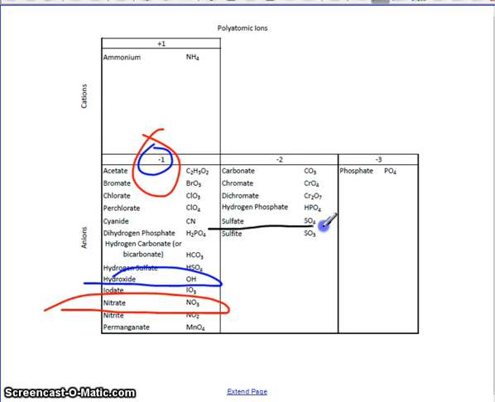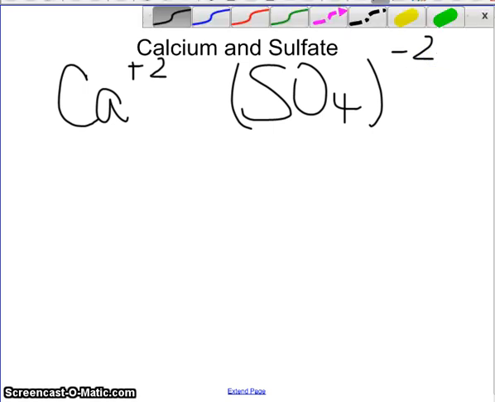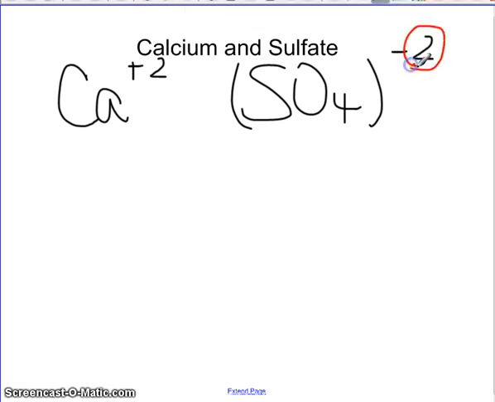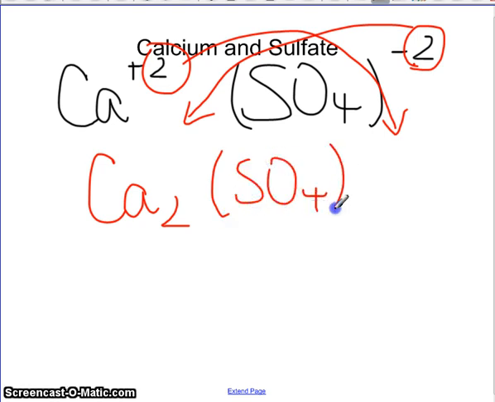Sulfate was one we did earlier, SO4 with a -2 charge. Okay, so when we cross the charges down of calcium and sulfate, we get 2 and 2.